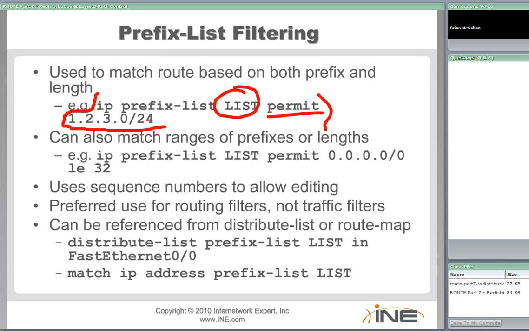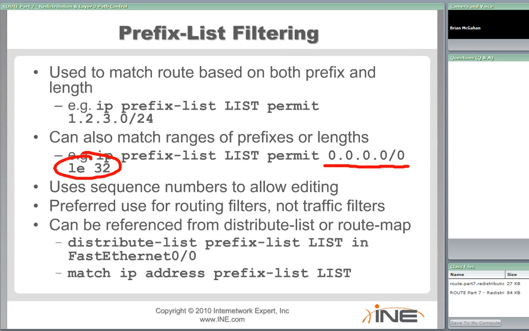But what it would allow you to do is say, for example, permit any address with a subnet mask that is less than or equal to 32. We could also say, look for any network that starts with the number 10, but has a subnet mask somewhere between 24 and 28. So it's used to match on either an exact route or a range of addresses and a range of address masks or subnet masks.